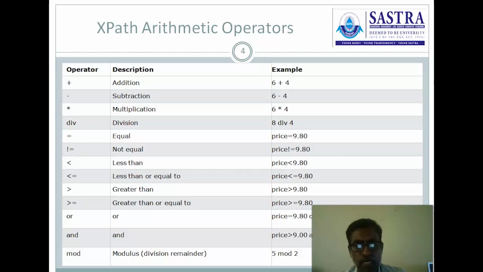And then, or. The or operator combines two conditions. Any one condition true, then the entire expression becomes true. And operator. By using the AND operator also, we are able to combine two expressions. And of those two expressions, if any one is false, the entire expression becomes false.